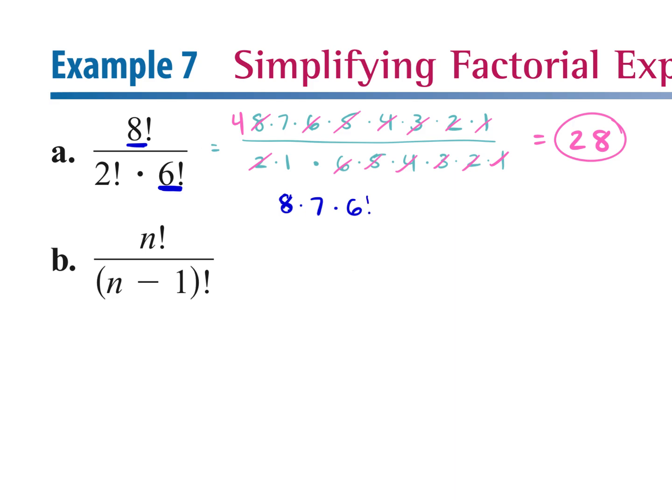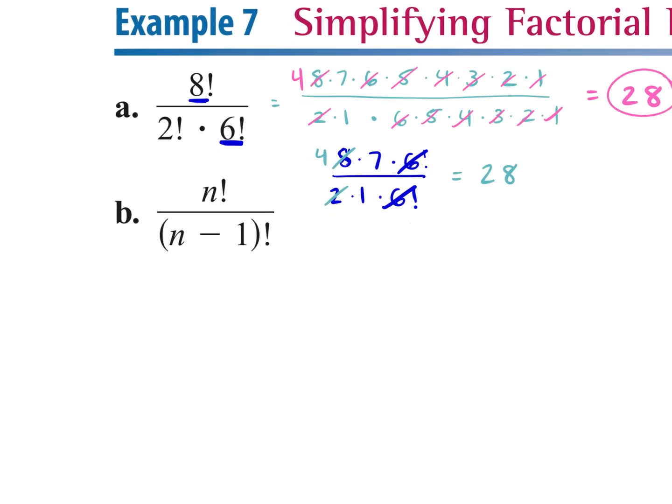So I can just stop there and say 6 factorial over 2 times 1 times 6 factorial. So then from here, I know that the 6 factorials are going to cancel. So instead of writing it all out, if you see that you have the same thing on the bottom, you can just pause and cancel it out with the 1 on the bottom. And then here we would have 2 that goes into 8 4 times. So we have 4 times 7 on top, which is 28. So same answer. Just saves us a little bit of time writing it all out.